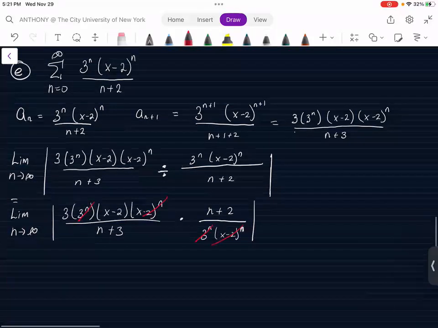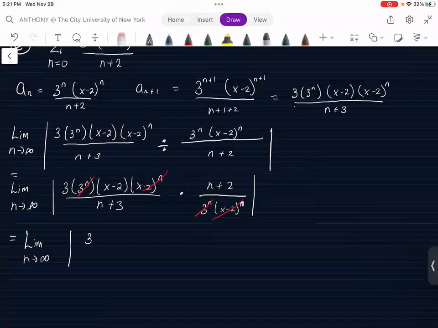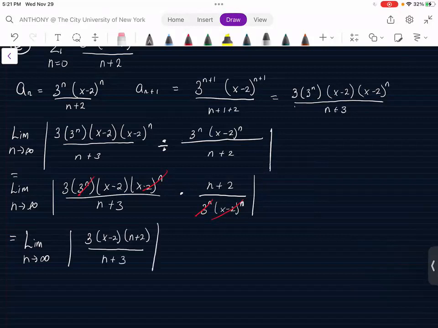Everything else will stay. So we have the limit as n goes to infinity of 3 times (x minus 2) times (n plus 2), all divided by n plus 3. Now remember, this limit says n is going to infinity here.